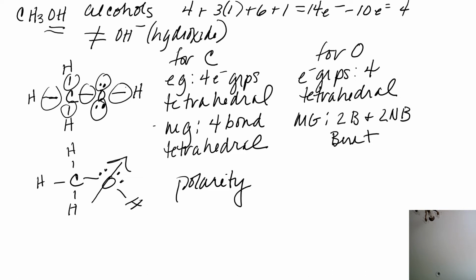So this is asymmetric, plus we have that bent structure in this molecule. So we have a polar molecule. Now for these alcohols, the small ones, let's say up to about 6 carbons, will be polar. However, as the carbon chain grows, polarity decreases until it's non-existent.